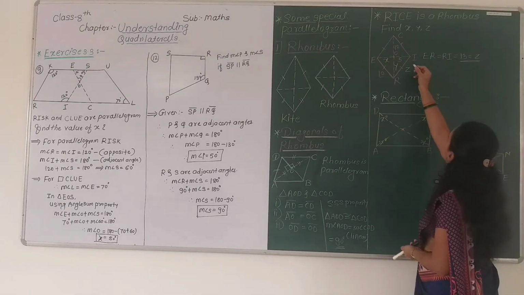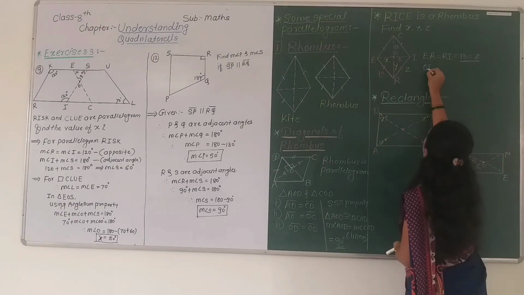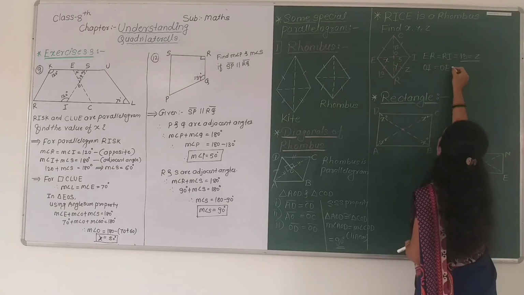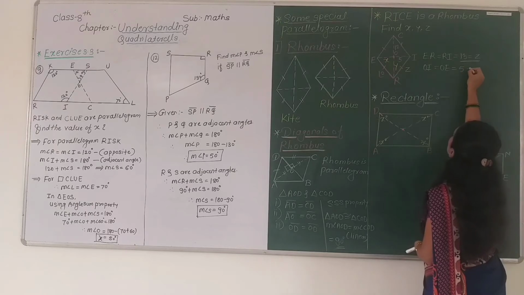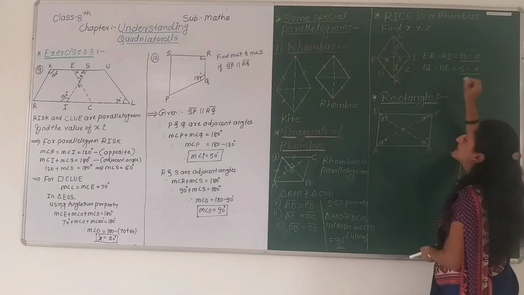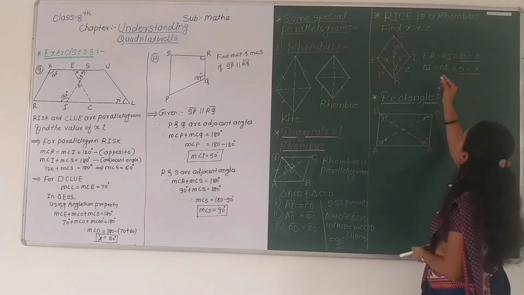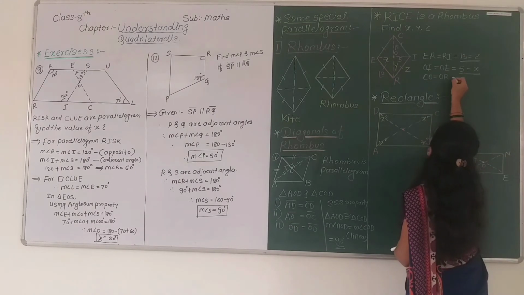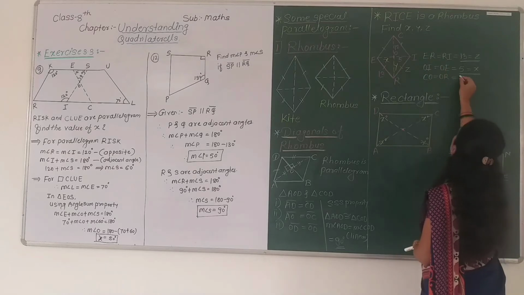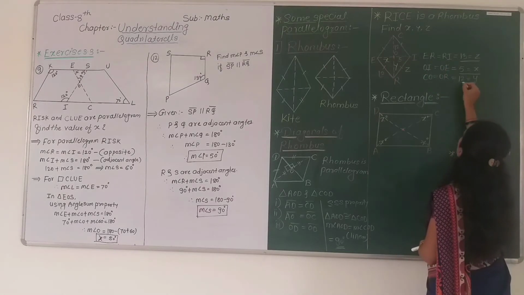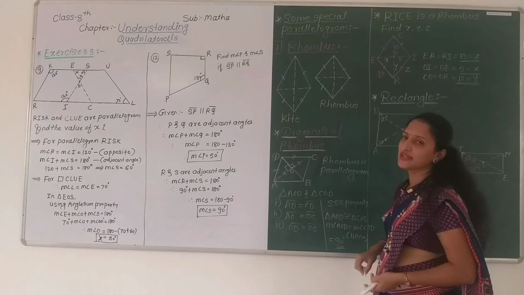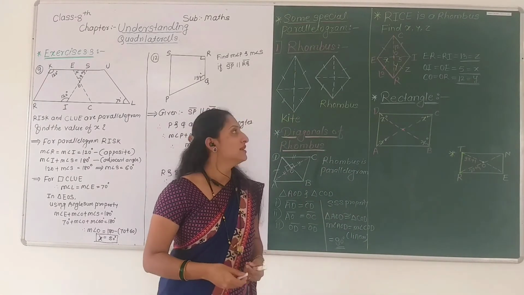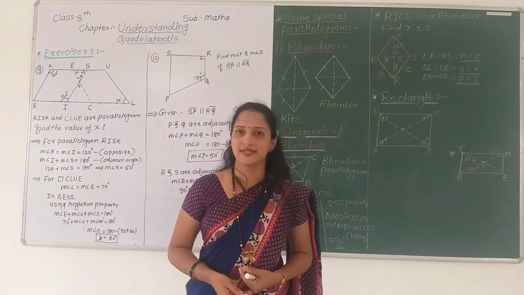So OI is equal to OE and is equal to 5. This is the value for x. And also CO is equal to OR, but CO is equal to 12 centimeter and this is 5. So we get y is equal to 12. So it is a very simple example, just using the properties of a rhombus.